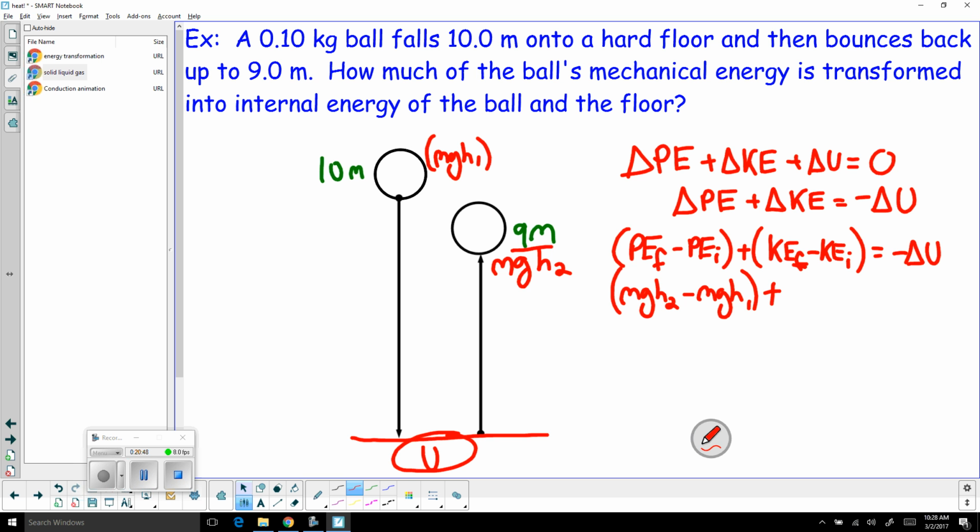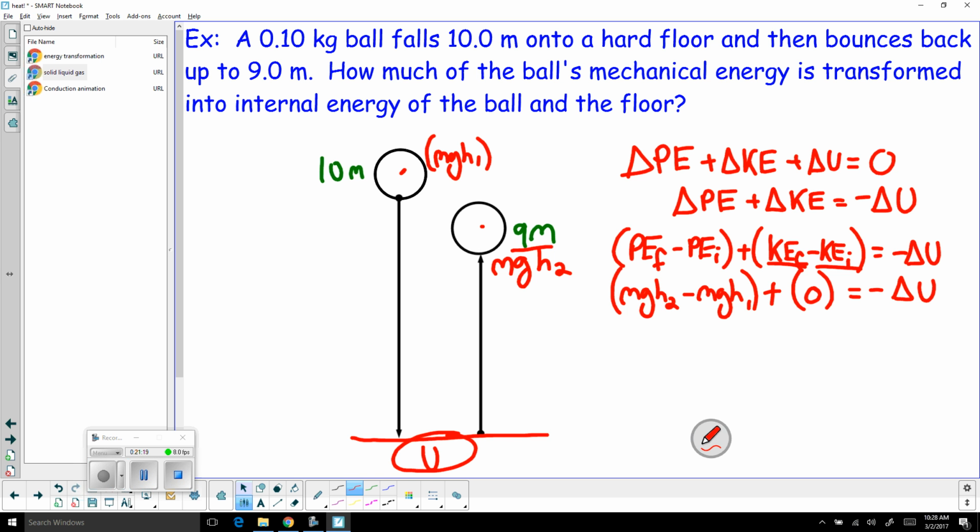Both of these terms, kinetic energy final and kinetic energy initial, are both going to be 0. And those are both going to be 0 because before I drop the ball it is not moving. When the ball bounces after its first bounce to a height of 9 meters, the ball is temporarily not moving. So both those values are 0, which makes it nice and easy.